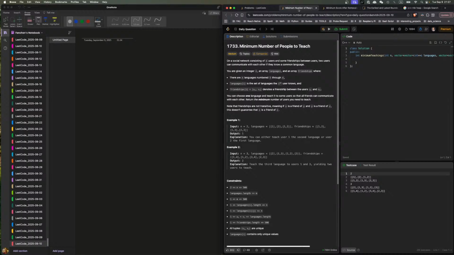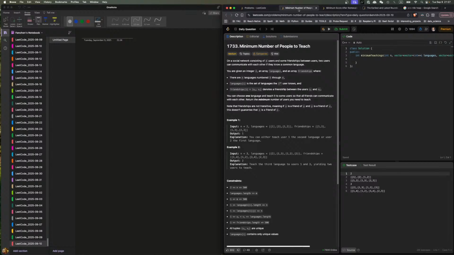Languages I is the set of languages the ith user knows, and friendship denotes a friendship between the 2 nodes. You can choose one language and teach it to some users so that all friends can communicate with each other. Return the minimum number of users you need to teach. Note that friendships are not transitive, meaning if X is a friend of Y and Y is a friend of Z, that does not guarantee that X is a friend of Z.